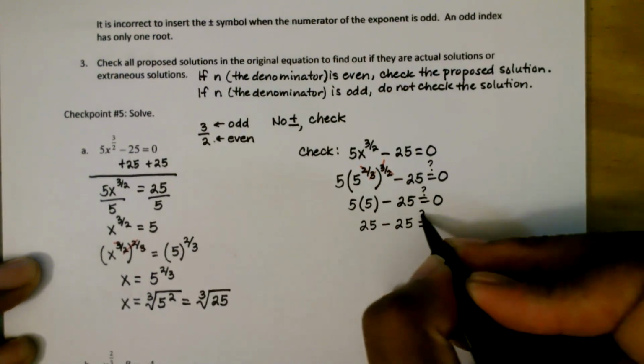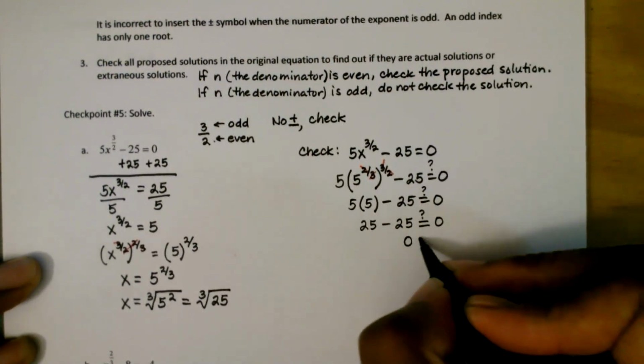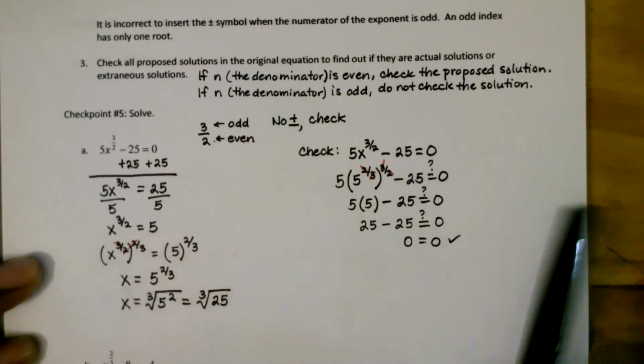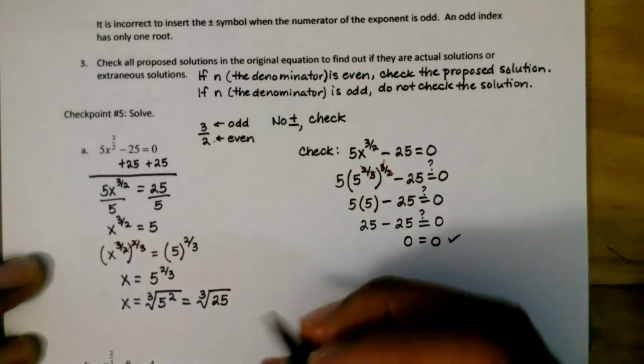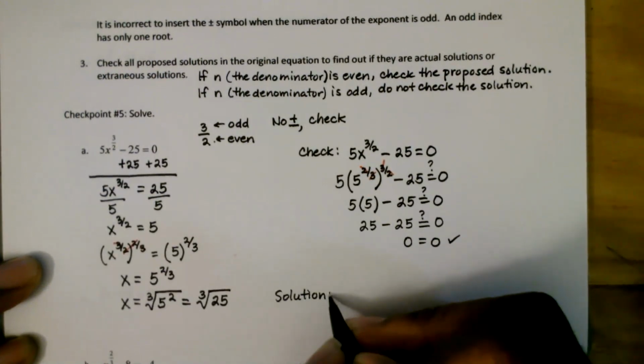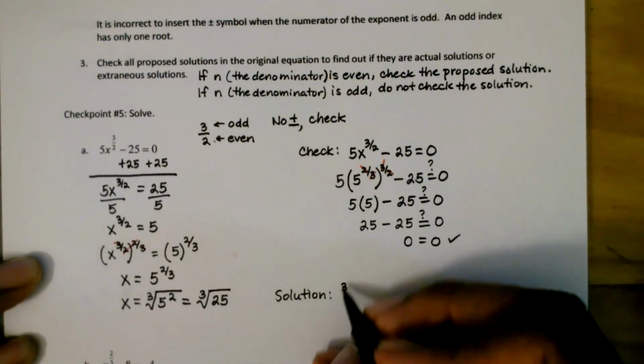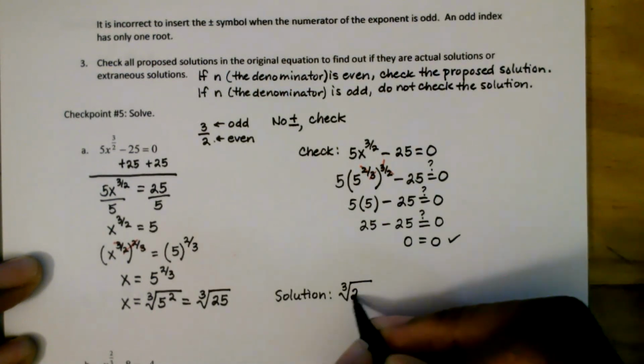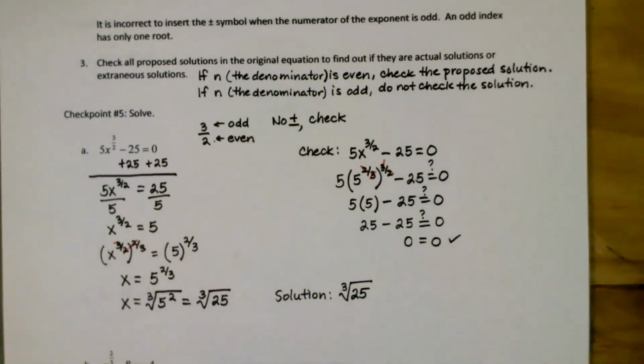And 25 minus 25 is 0. So that checks. So here my solution would simply be the cube root of 25. That's all there is to it.